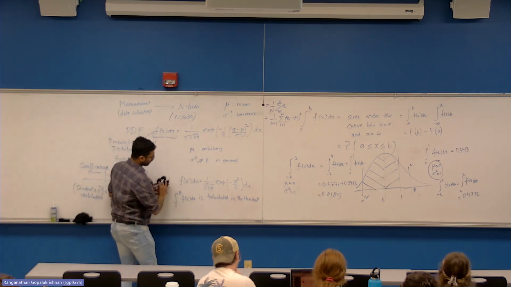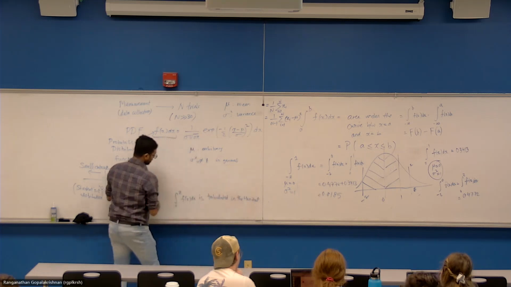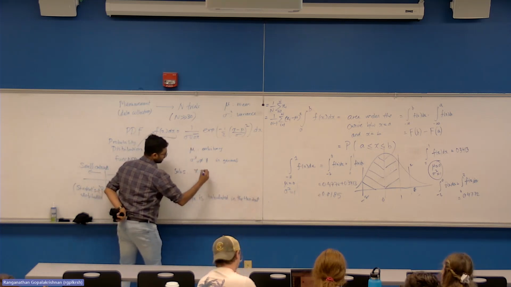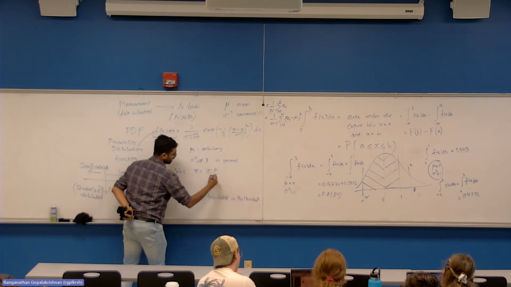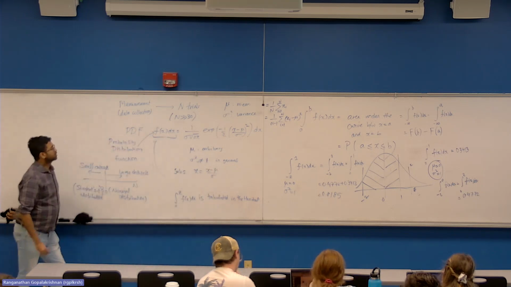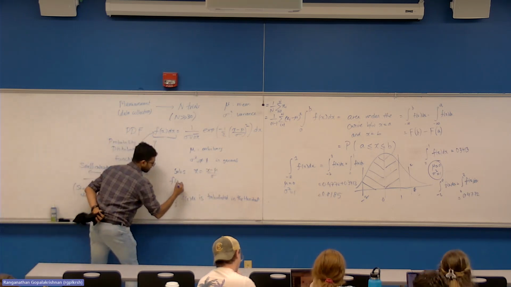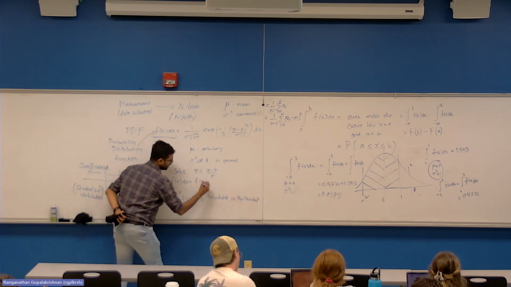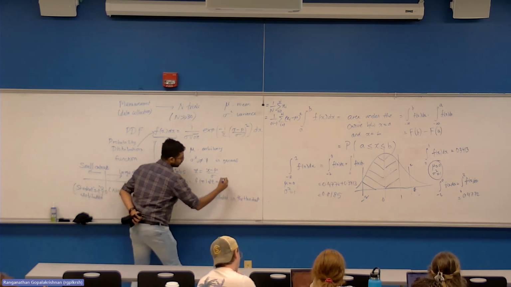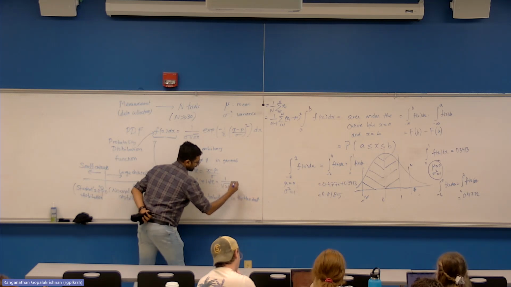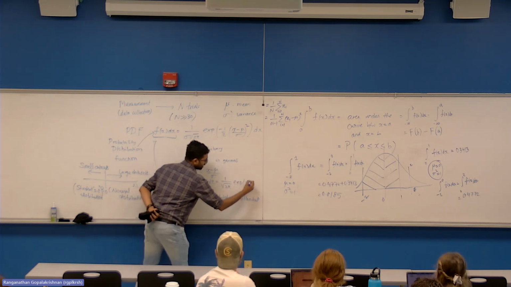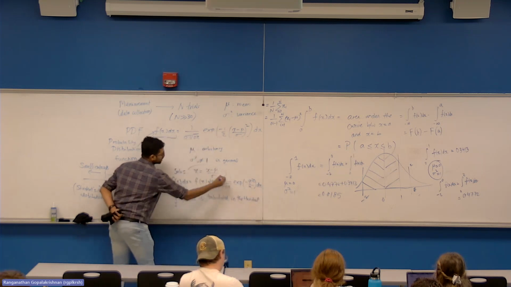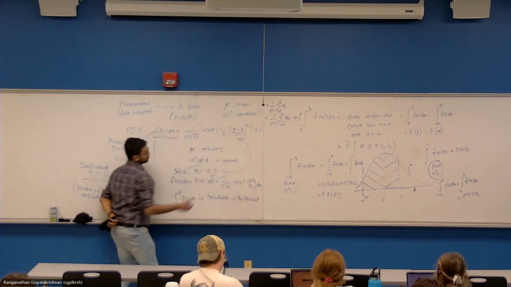The step to follow is to substitute z equals x minus mu divided by sigma. So f of x dx becomes f of z dz, which is equal to 1 over square root of 2 pi exponent of minus z squared over 2 dz. This substitution takes care of this.